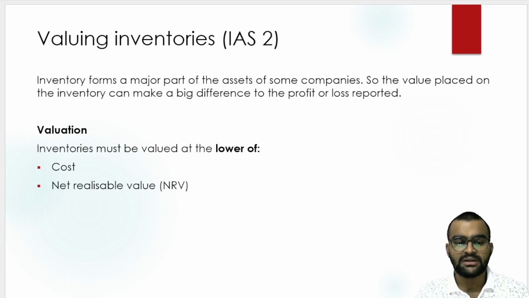Inventory forms a major part of the assets of some companies, be it raw material, finished goods, or work in progress. So the value placed on the inventory can make a big difference to the profit or loss reported.